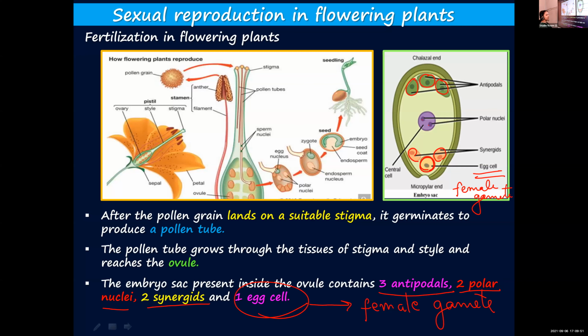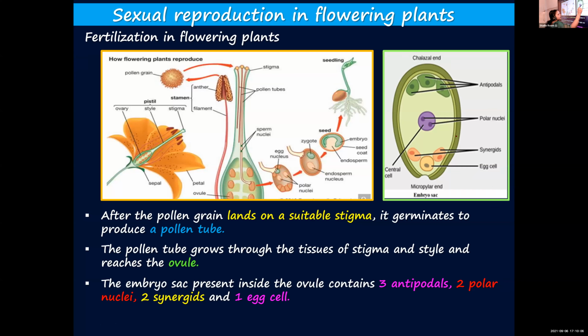In higher classes, you will learn more about it. The egg cell is just one. Other than that, you can see 2 synergids, 2 polar nuclei, and 3 antipodals. All these are present inside the embryo sac, present inside the ovule.